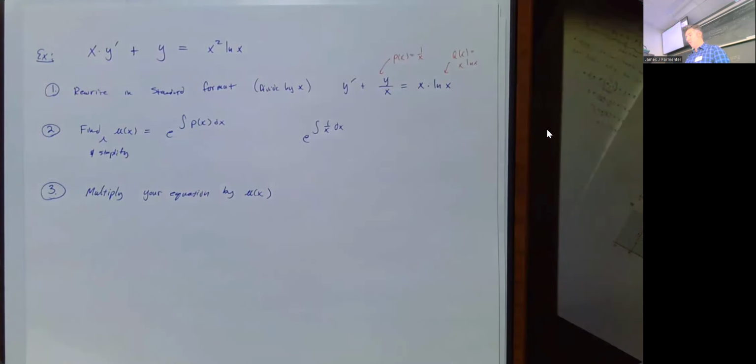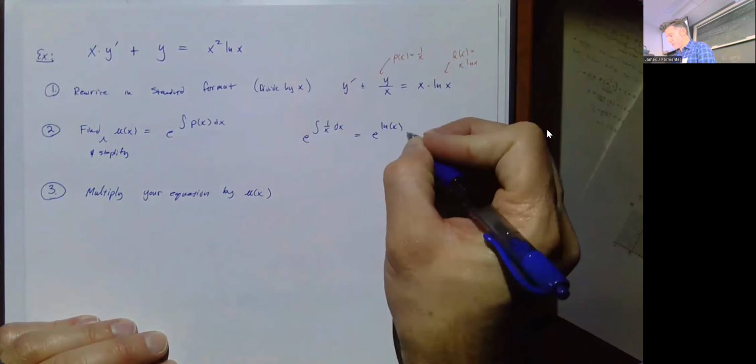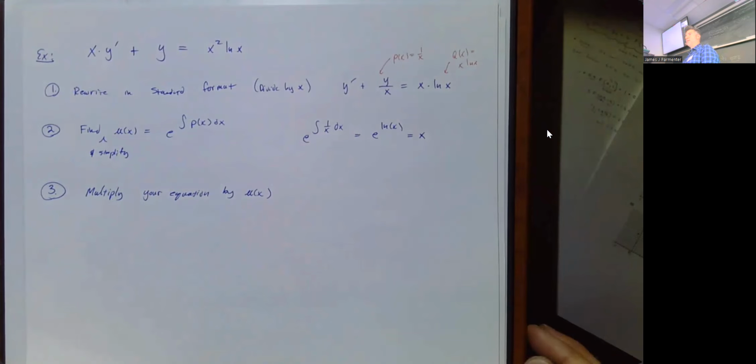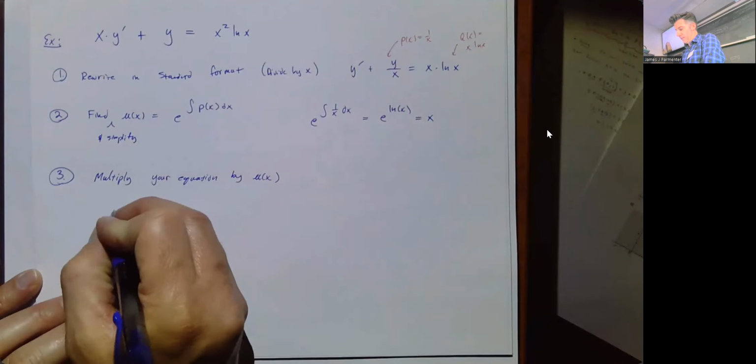So then e to the integral of 1 over x is e to the natural log of x, which is just x. So we're going to multiply everything by x, which feels like we're exactly undoing what we just did. Oh well, such is life.